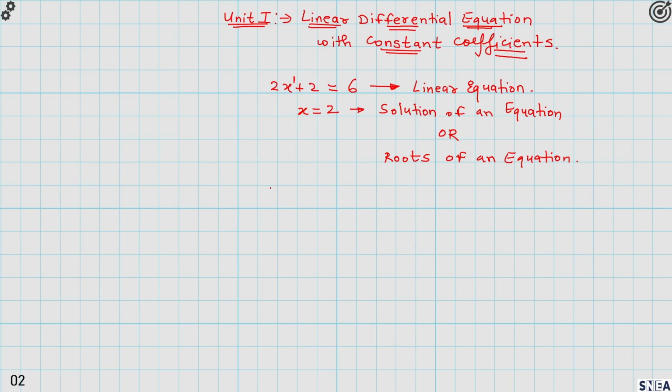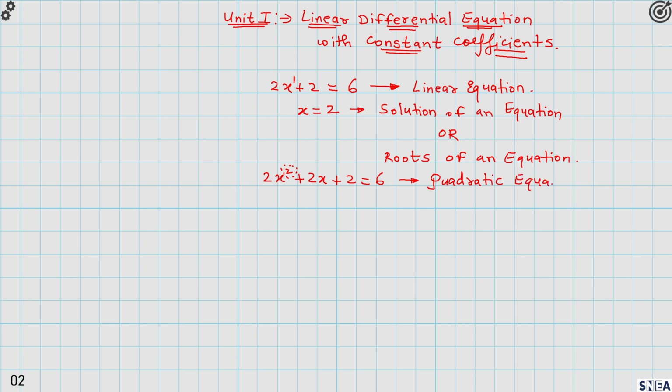Okay, likewise, if I write here 2x square plus 2x plus 2 equals 6, as you can see, students, the highest power is 2, so that will be termed a quadratic equation.